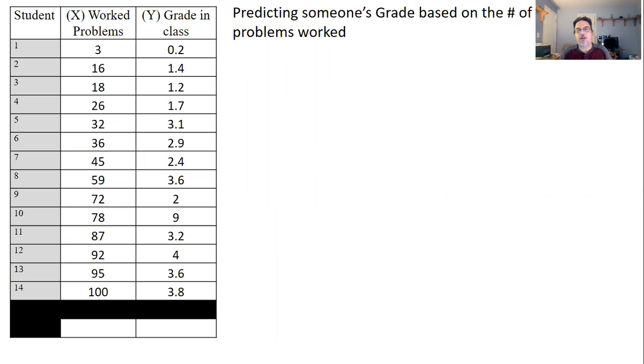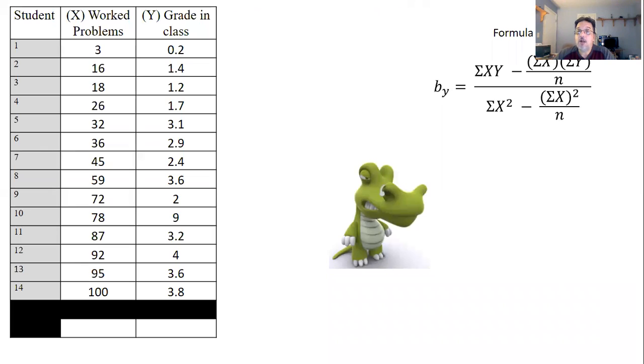I always want to go back to grit, because that's a word we always throw around: people who do the work, the sweat equity that they put in. Does it have an effect on the overall grade? That's really what we're doing here. So predicting from X, the number of problems worked out of 100, the grade a person got in the class. And of course the box is covering up the formula.